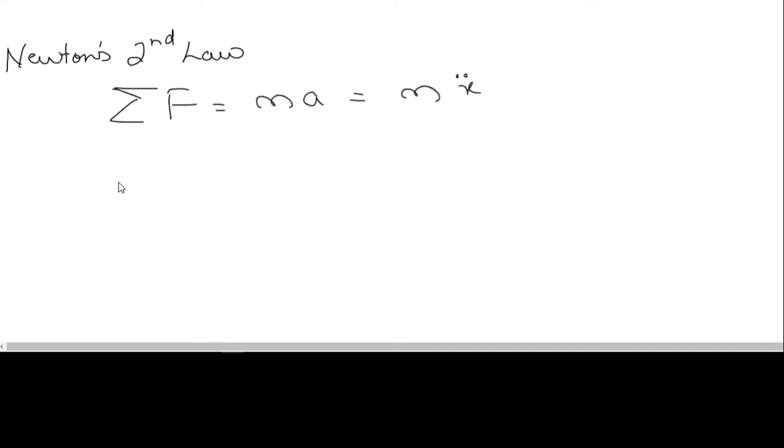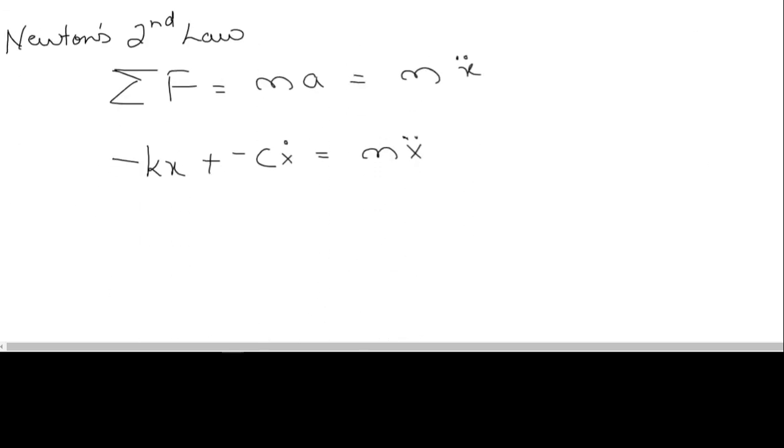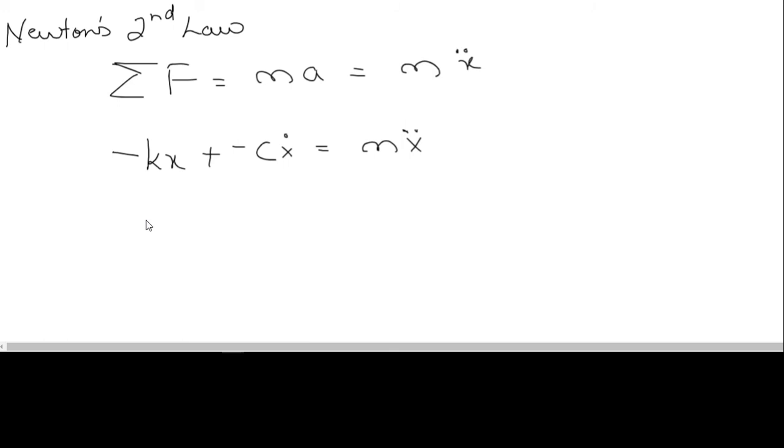So the total force acting on the system is minus kx minus cx dot, which is equal to mass times acceleration. Simply it is taken as negative because it will be acting against the direction of displacement.